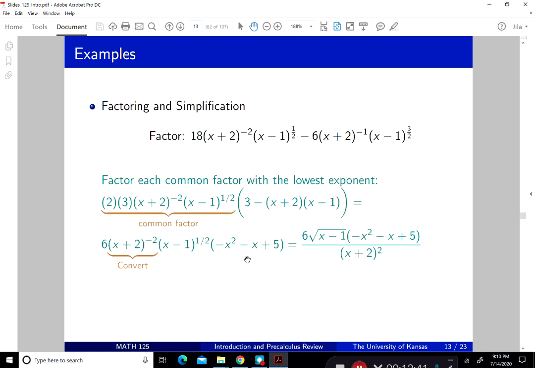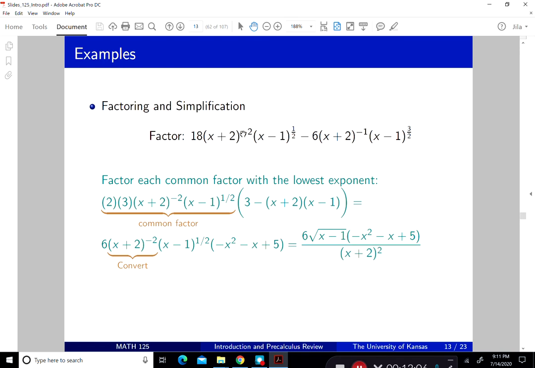Basically, this type of factoring and simplification is needed so we can find the domains and zeros of the function, and so on and so forth. The last step that you want to take is to convert (x plus 2) to the power negative 2 into the denominator.